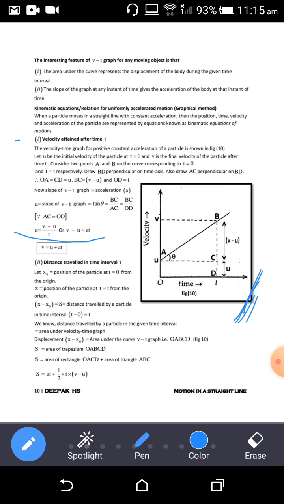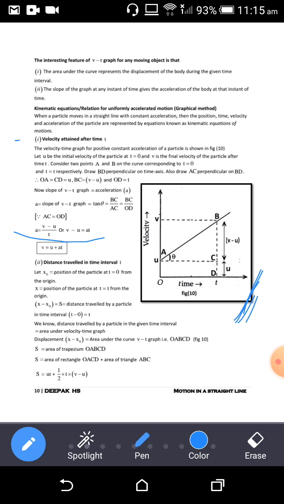So you can take the area under the velocity time graph, that is OABCD. This OABCD is a trapezium. So the displacement S is equal to the area of the trapezium OABCD.